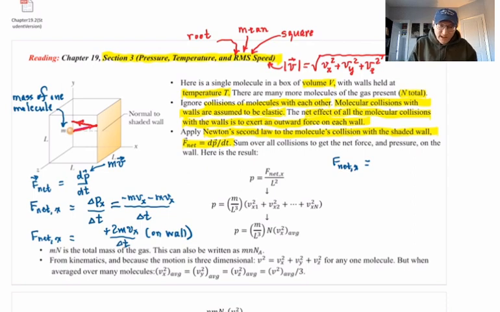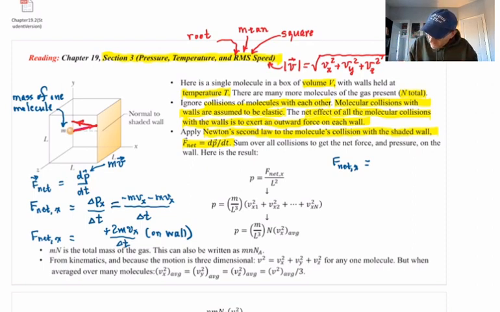It then goes over to the other side and comes back to have another collision with the shaded wall. So for that delta t, this is the average time it takes for this molecule to get back to this shaded wall. And along the x direction, that means it travels a distance 2L. And it travels that at a rate Vx.